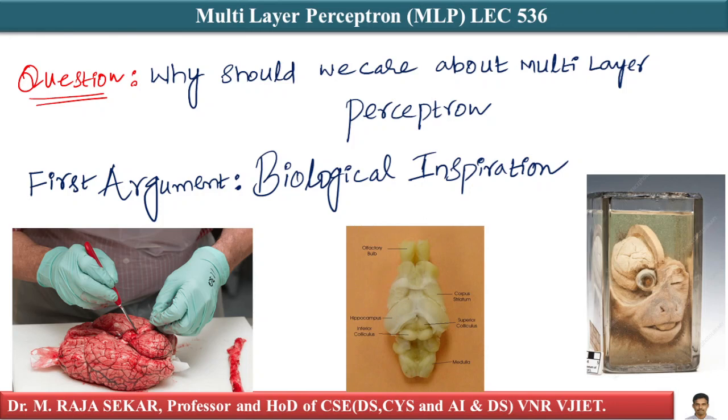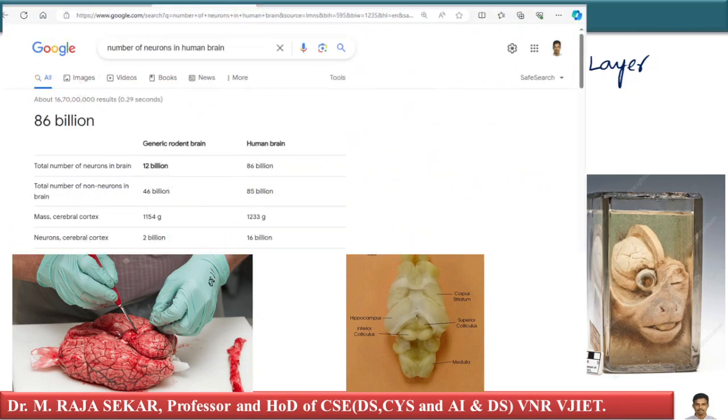There are millions and even billions of neurons. I googled it: there are 86 billion neurons in the human brain, interconnected in very smart ways.